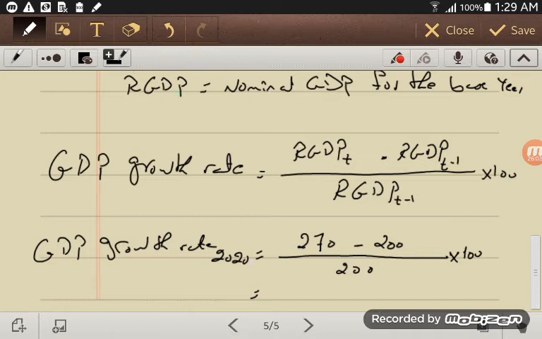So it's about 35%. This means that the country's production is going to increase in year 2020 with respect to 2019 by 35%. There's an additional production of 35%.